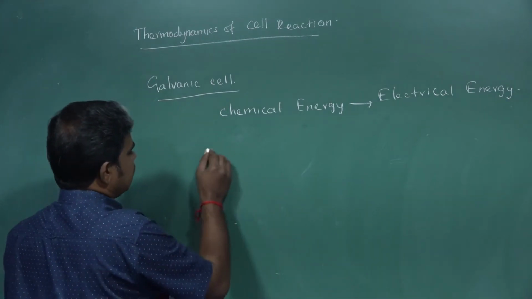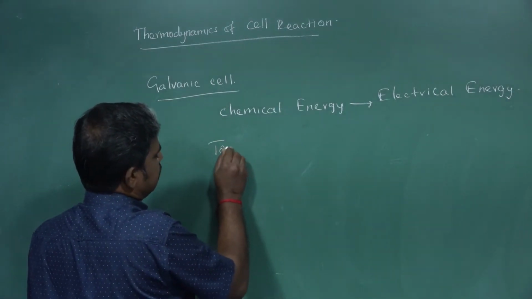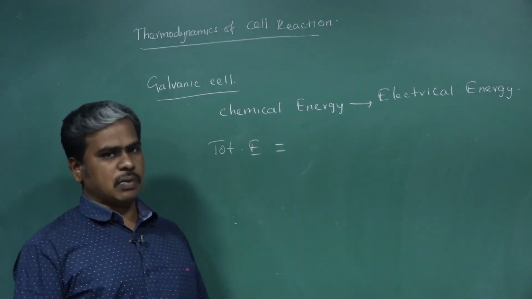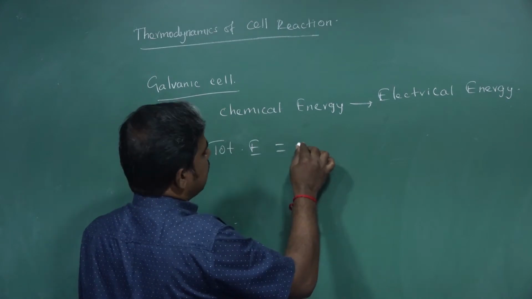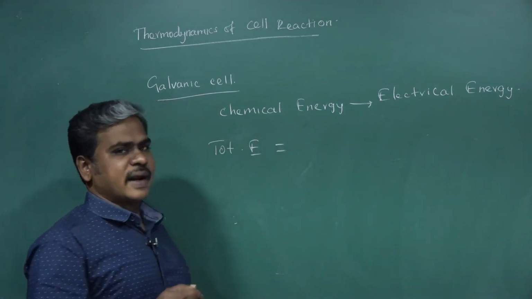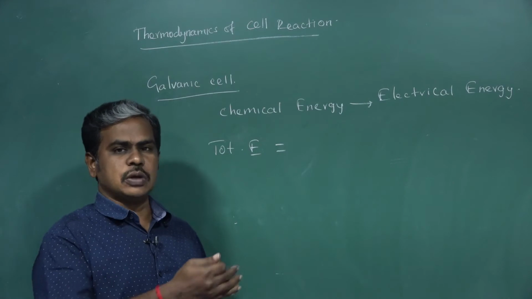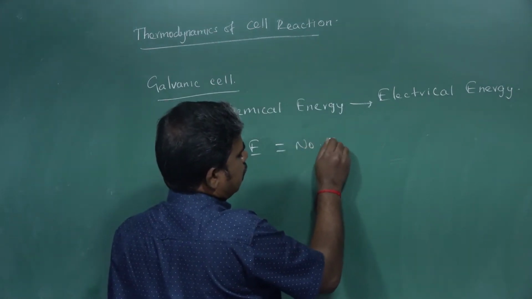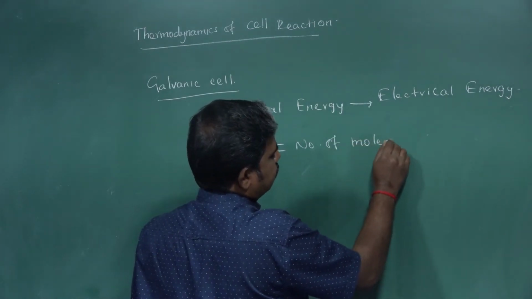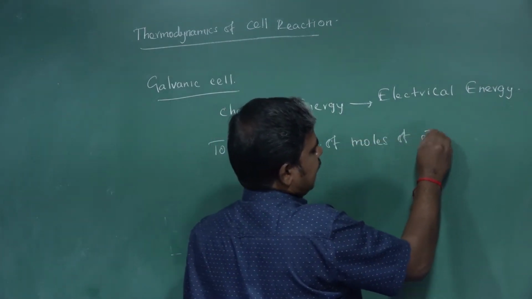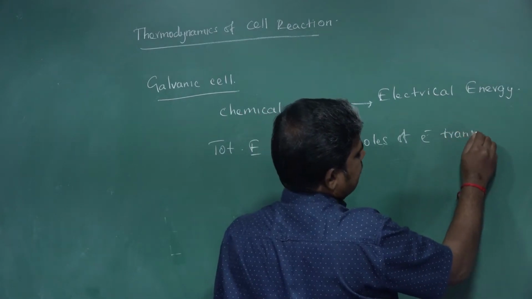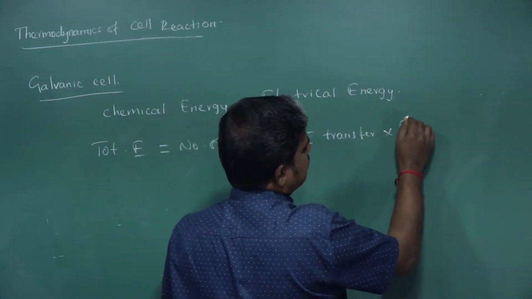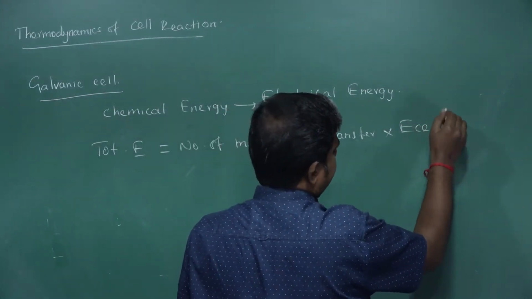So, the total energy of a galvanic cell is equal to the number of moles of electrons transferred from anode to cathode into E naught of a cell or E cell.